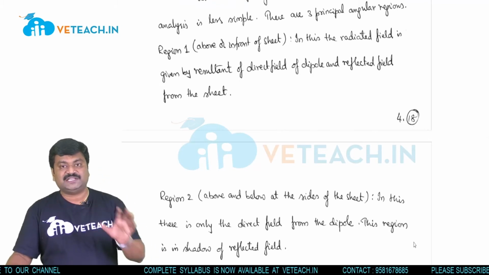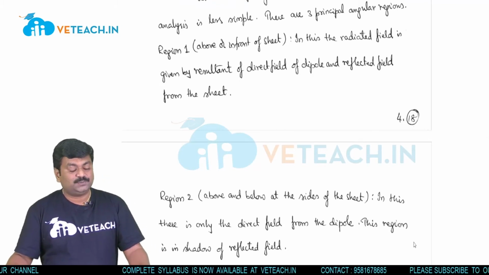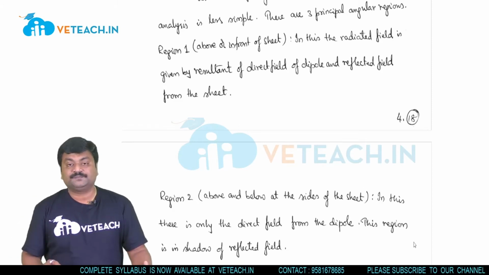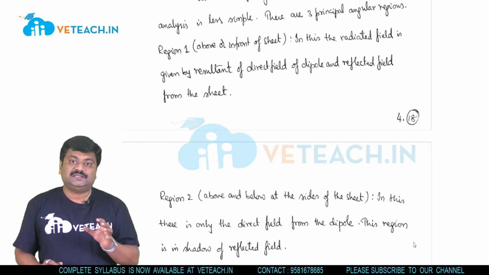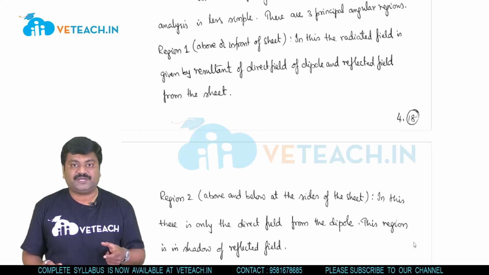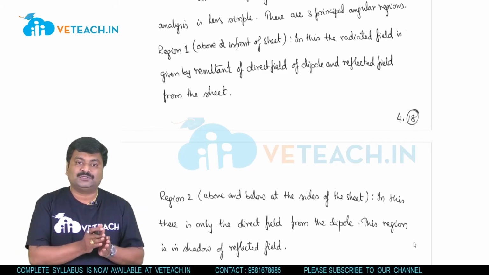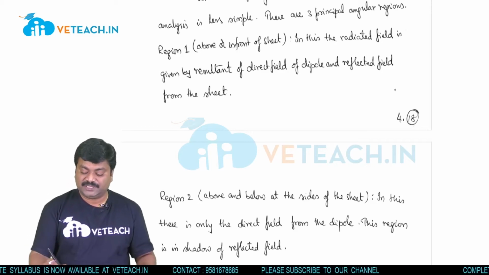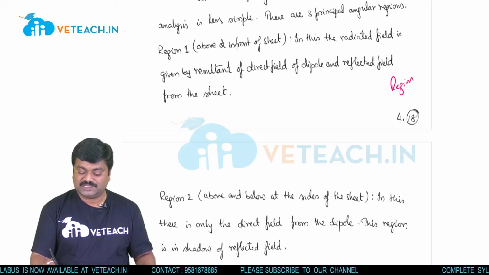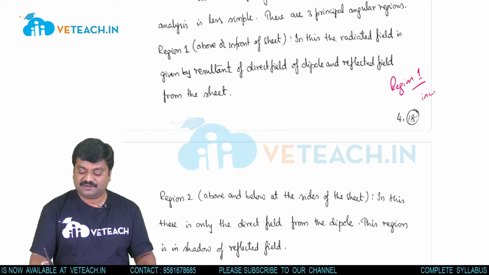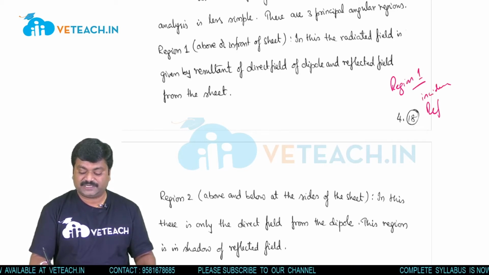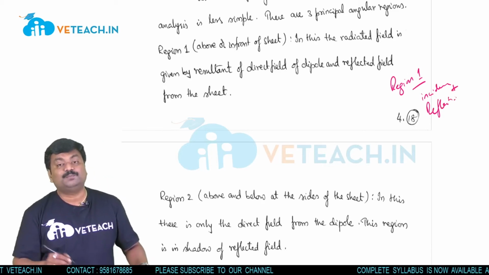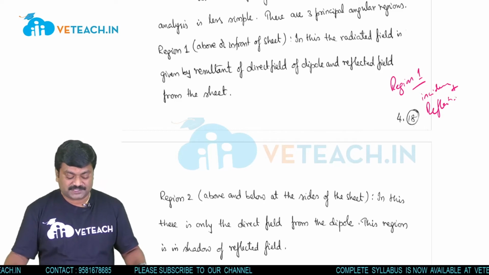Region 1 is considered to be above or in front of the sheet, in which I'll have the radiated field from both the incident wave as well as the reflected wave. So in region 1, I'll have the incident wave as well as the reflected wave, and the resultant field will be decided by both the fields.